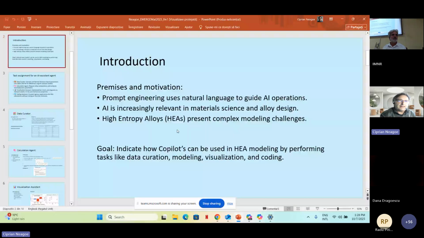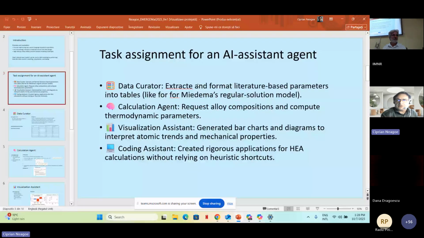And now let's think about the high entropy alloys model, how this might work with Copilot. As you saw, I just did a query about the periodic table, so it can extract tables from literature, and it can also format them the way we need them.